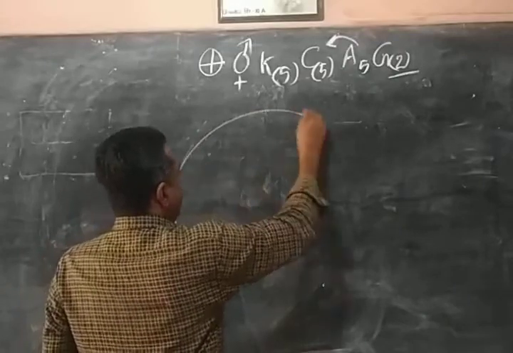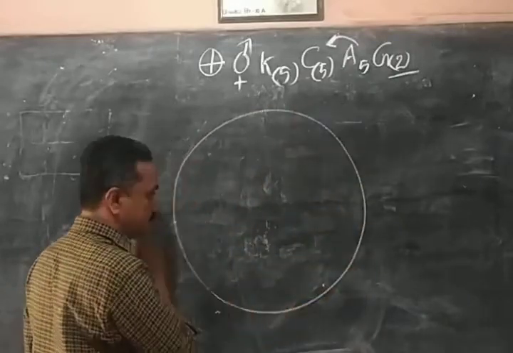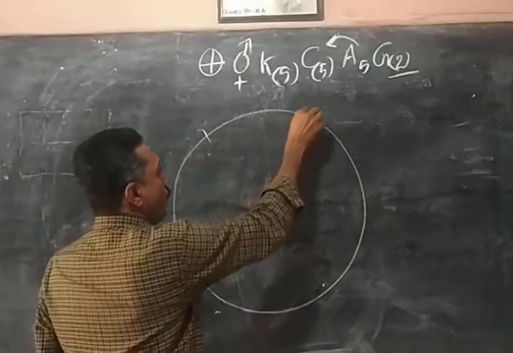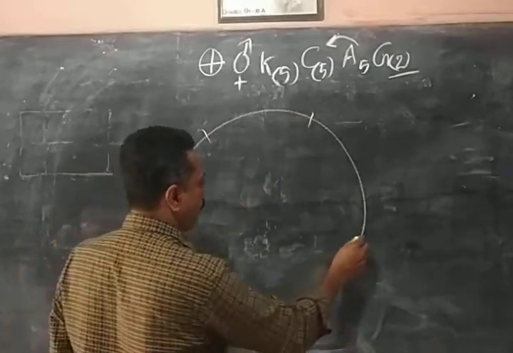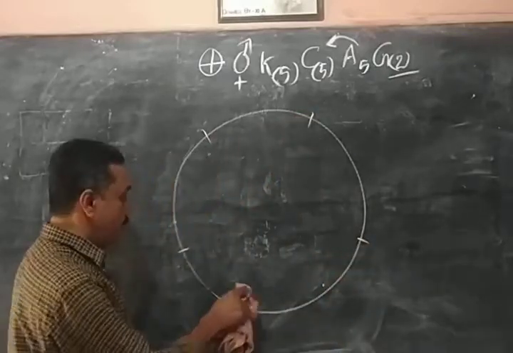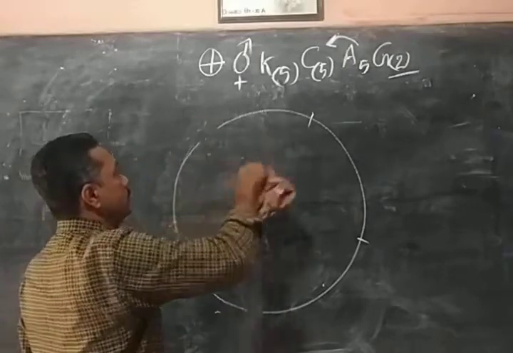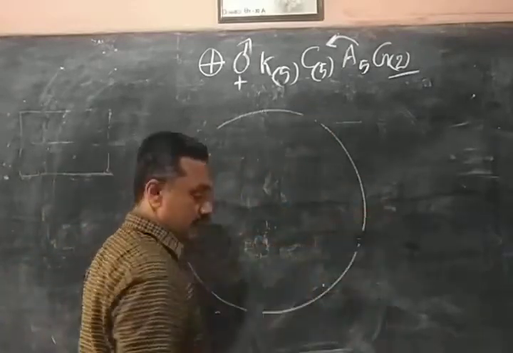See, we are drawing the floral diagram like this, cutting into 1, 2, 3, 4, 5 parts. First of all, the outermost part of the flower is called the calyx.